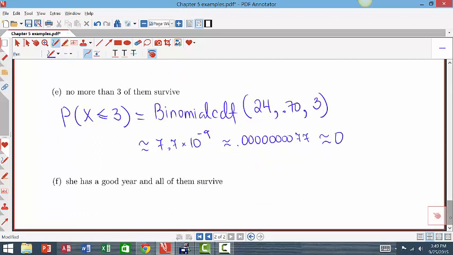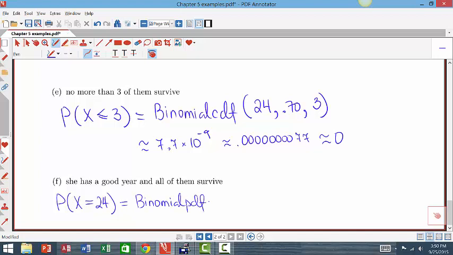Okay, let's see. What is the last problem asking us to do? She has a good year and all of them survive. What does that mean? So this is the probability that all plants survive. So this is x is equal to 24, right? This is binomial PDF.